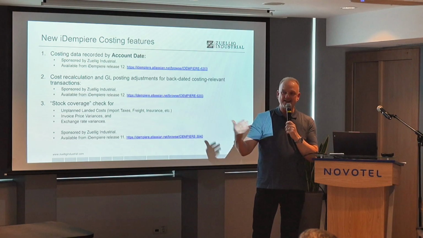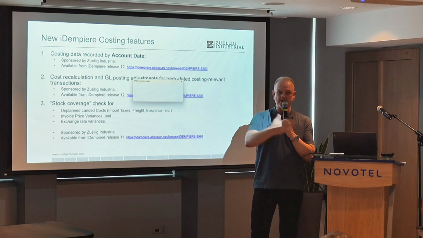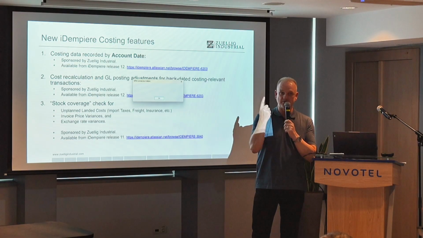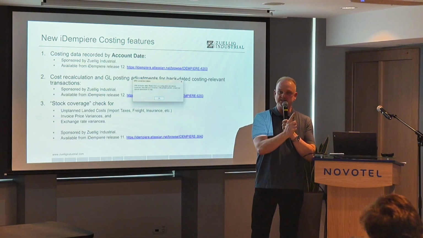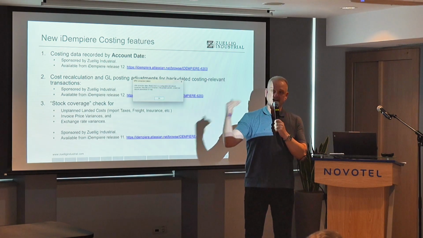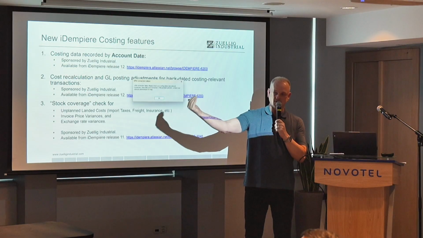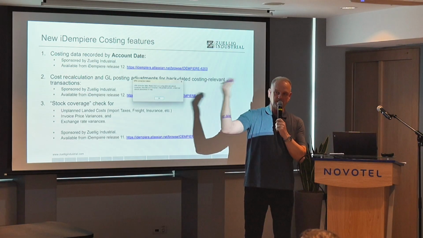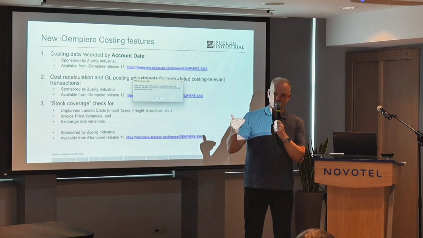Because that landed cost was supposed to be covering 100 pieces, but now it's all thrown into the 1 remaining piece. That means this 1 piece will be very, very expensive costing-wise, and the next customer order that sells this product to the business partner will be totally overcosted, right? And the margins will be totally off.